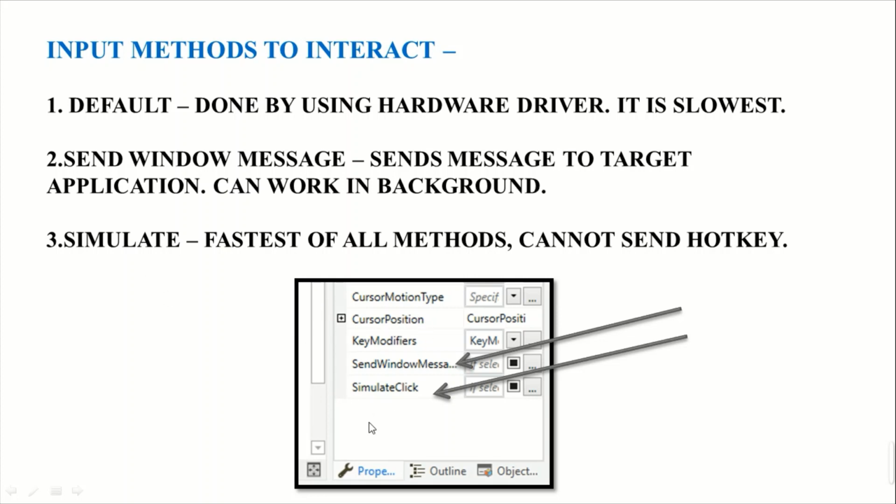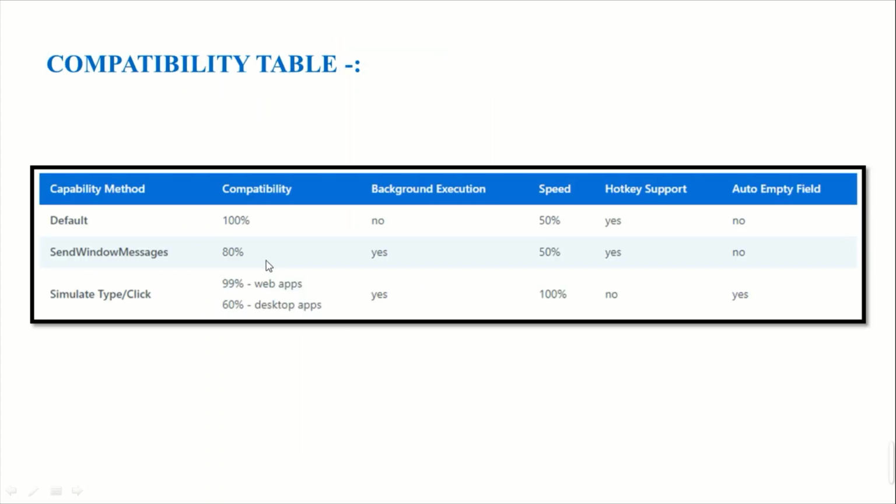So here I have shown the screenshot for send window message and simulate click. Now here is the compatibility table I have shown for default, send window message, and simulate click or type. For the default method the compatibility is 100%. That means it can work with all the web browsers and all the Windows applications easily and effectively.